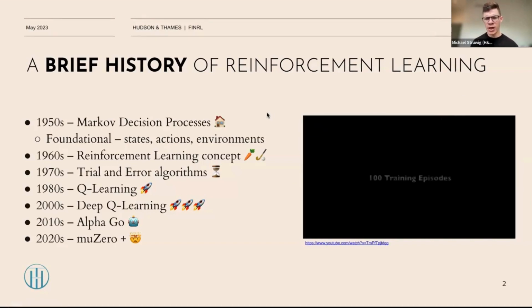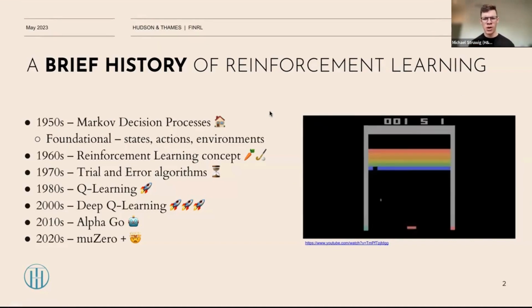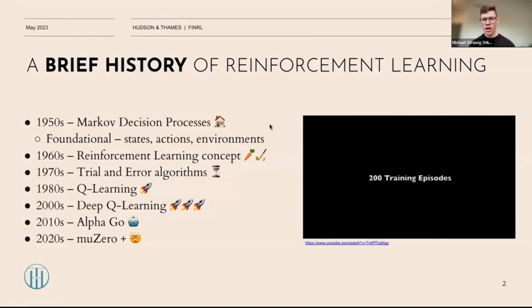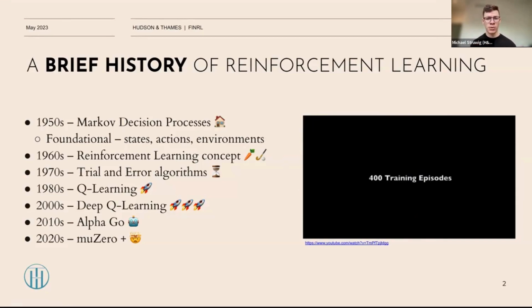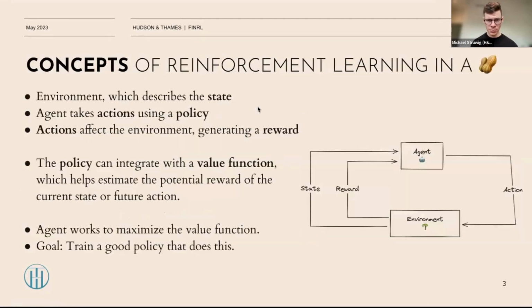And over here on the right-hand side, this is just an example of how in the classic Atari game Breakout, a model can learn essentially how to play and win the game. You can see it starts off kind of rubbish. And as the number of training episodes gets better and better, it starts learning strategies. We've been able to solve a lot of problems that we thought previously were completely unsolvable using reinforcement learning.